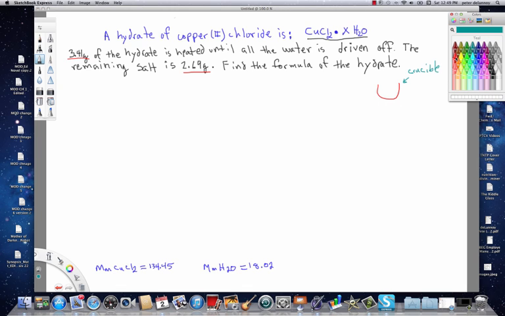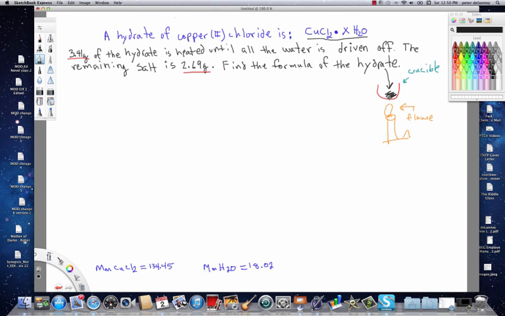And the crucible is heated using a flame. This is my rendition of a flame. And inside the dish is the hydrate.